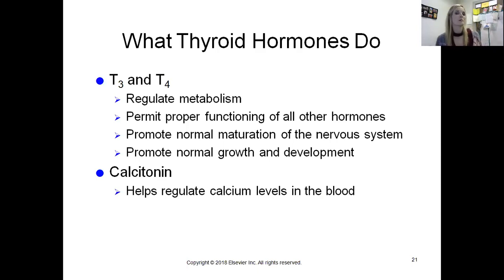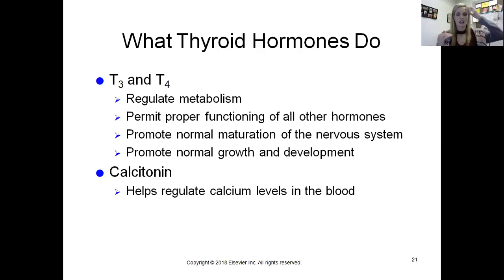If you remember from the first video, we talked about how the pituitary gland, specifically the anterior pituitary gland, secretes a hormone called TSH, the abbreviation for thyroid stimulating hormone. What happens is kind of a chain reaction. My metabolism slows down for whatever reason.